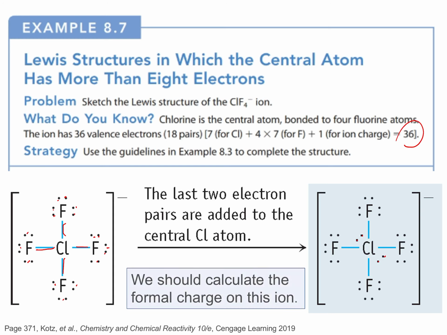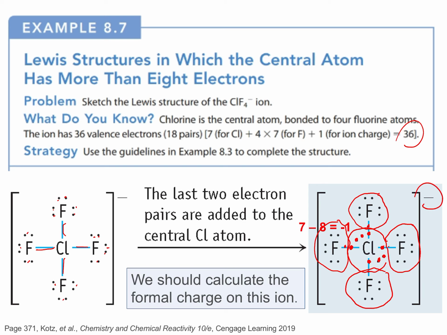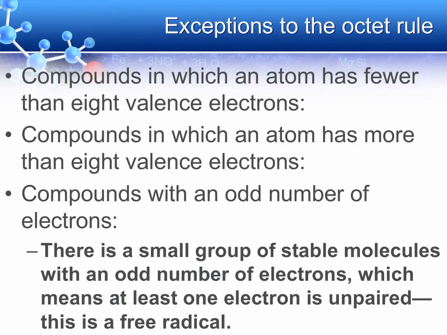So that means that chlorine normally has 7 valence electrons, but here it has 8. So it has a formal charge of -1. So we can do the math right here. 7 valence electrons is what chlorine normally has. In the structure, it has 8. So that negative charge that's on the ion, that actually resides on the chlorine.